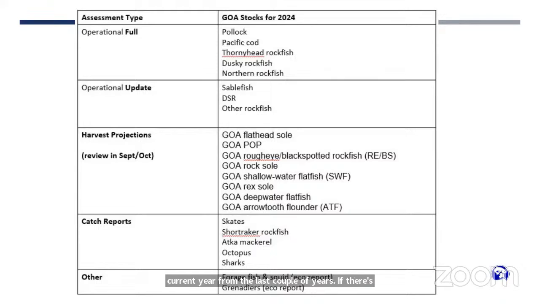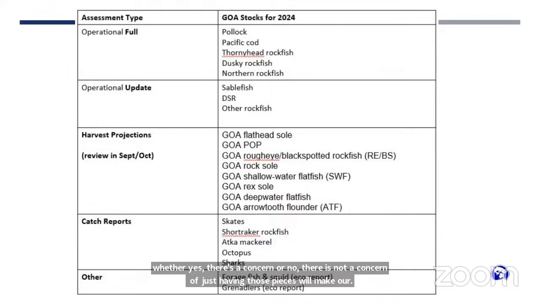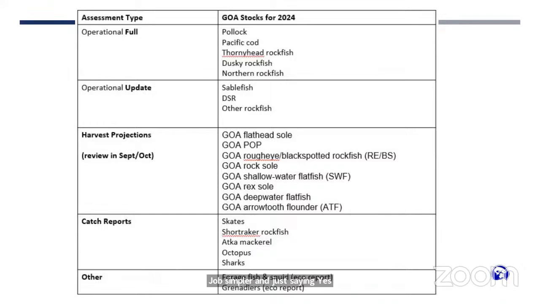I think a couple of those things would go a long way, along with an active comment from the author, whether yes, there's a concern or no, there is not a concern. Just having those pieces will make our job simpler, and just saying, yes, we agree with these OFLs and ABCs, or we want to try to do something or not. I think those are my general comments for that. Thanks.